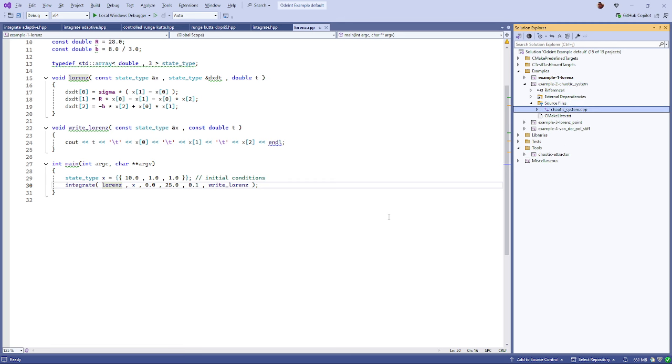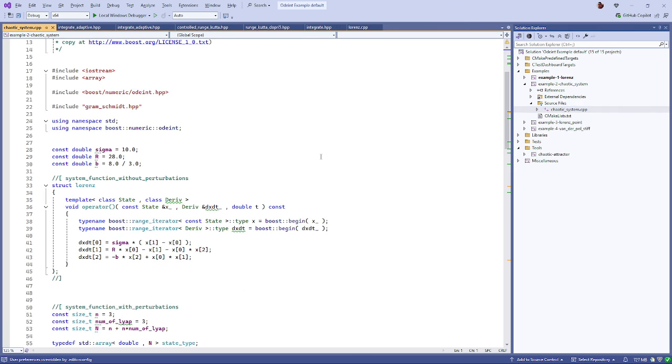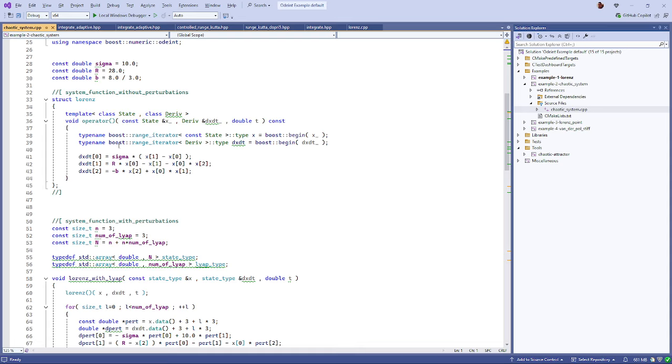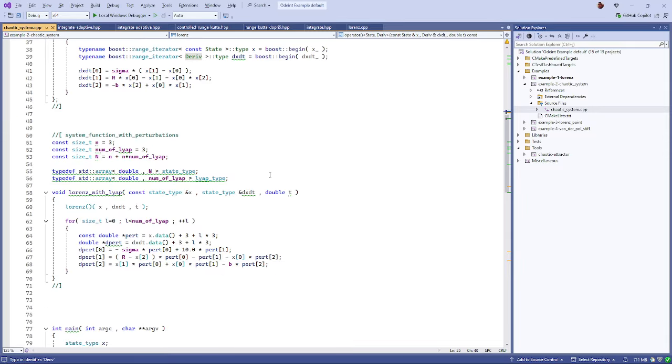Another example they have here, this chaotic system example. It's still Lorenz, but they've used different types for the state of the system and the data structure that holds the derivative.